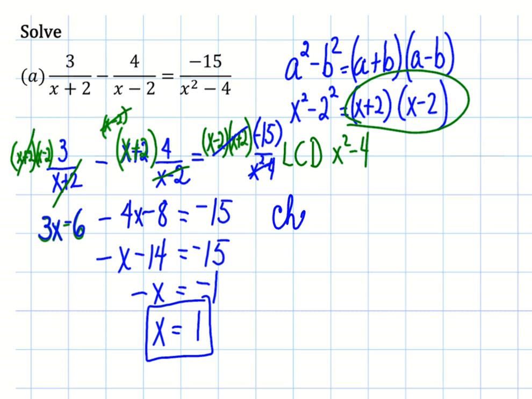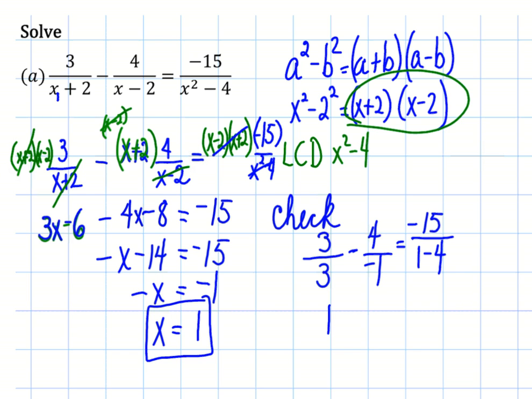So if I place a 1 here, I have 3 over 3 minus 4 over 1 minus 2, which would be a minus 1, is equal to negative 15 over 1 squared, which is 1, minus 4.